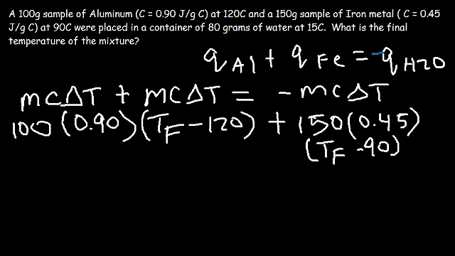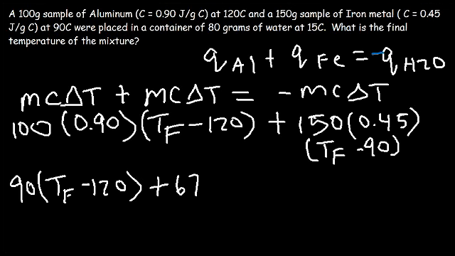And all of that is equal to, well, first let's simplify the left side of the equation since I'm running out of space. So 100 times 0.90 is 90 times the final temperature minus 120. And 150 times 0.45, that's 67.5 times the final temperature minus 120.